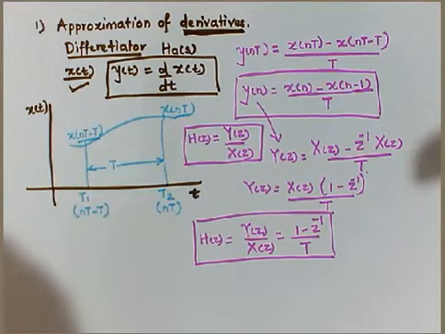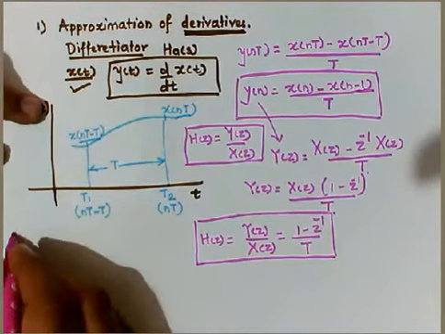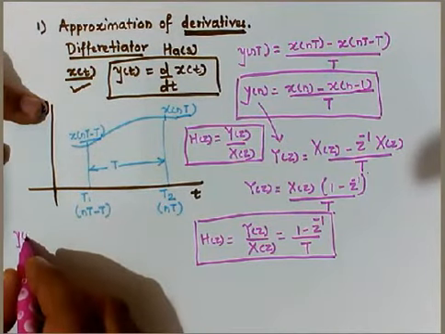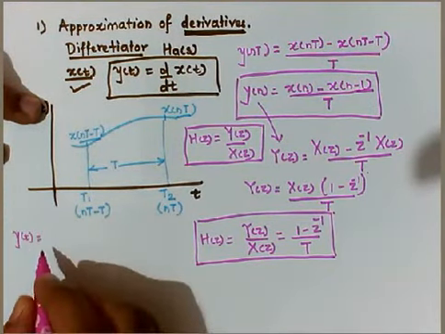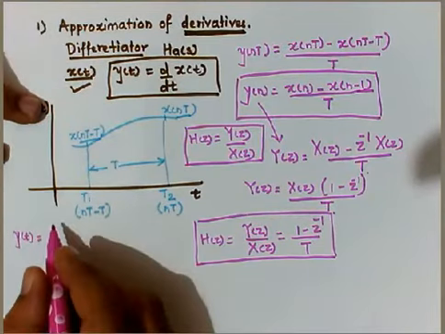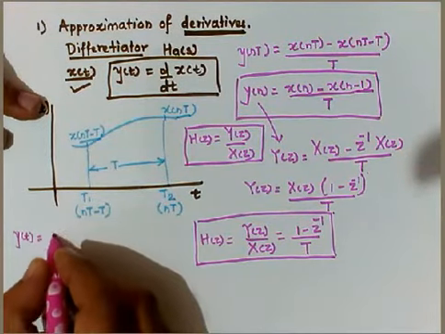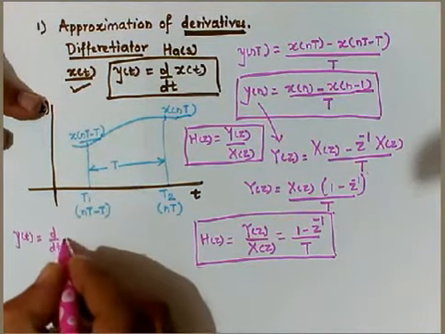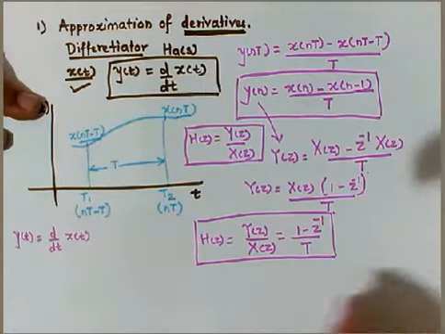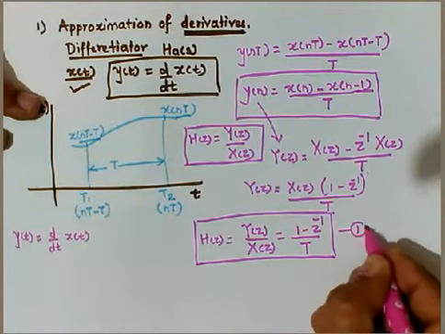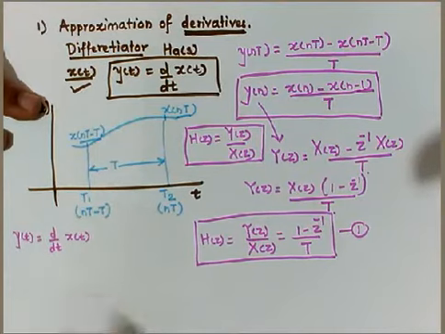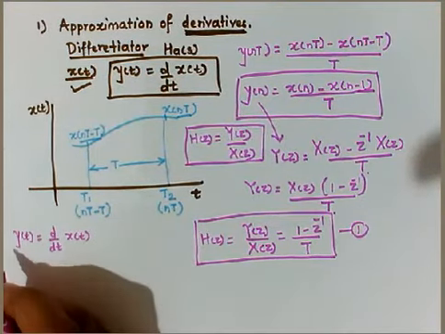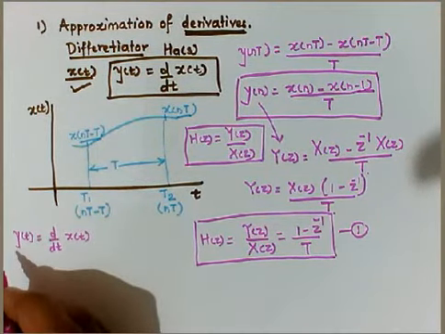Now let's deal with the transfer function of the analog filter. This is y(t). Let me write it: y(t) is equal to d by dt of x(t). Let's say this is equation number 1. For this, let's take the Laplace transform on both sides.